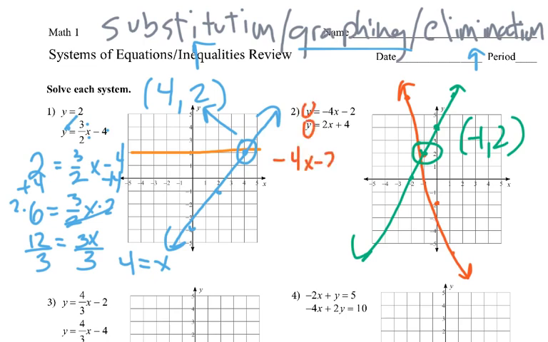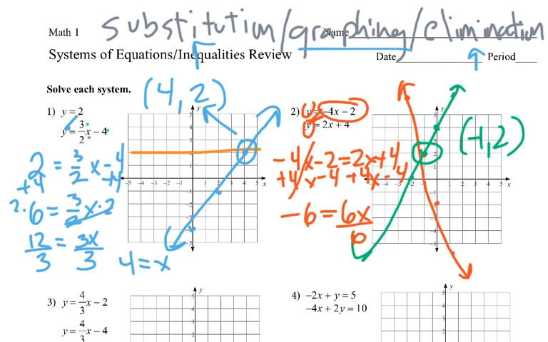So I just set the x expressions equal to each other. Then we solve. Add 4x to both sides. Subtract 4 from both sides. Get negative 6 equals positive 6x. Divide by 6. We get negative 1 equals x, which is what we had.